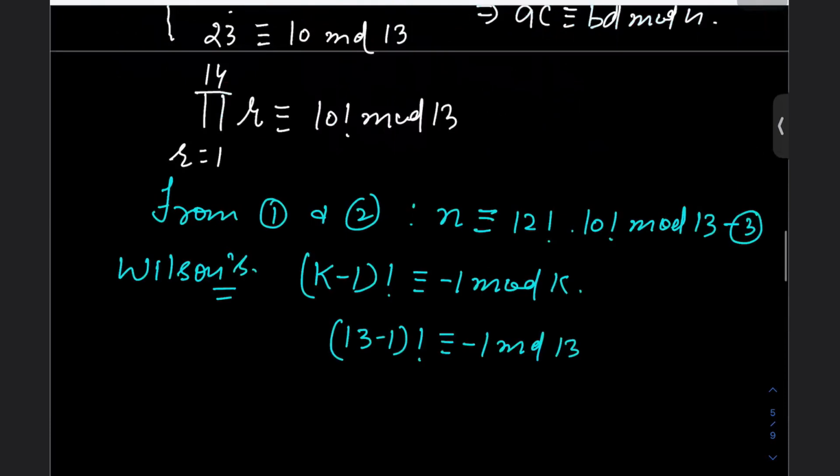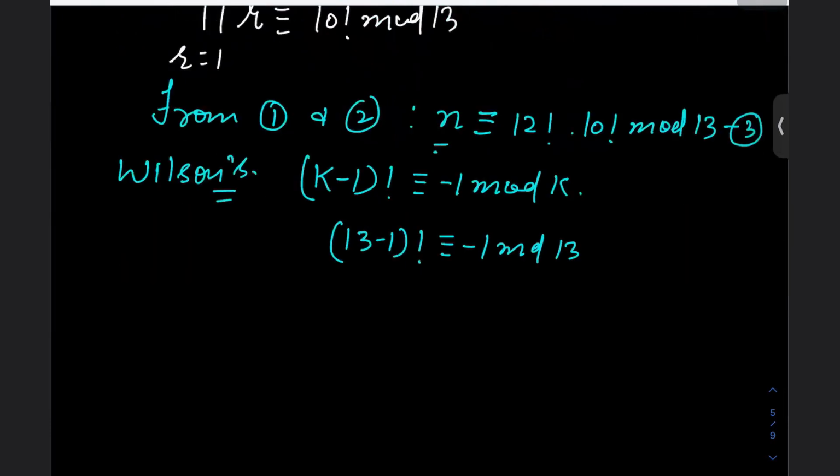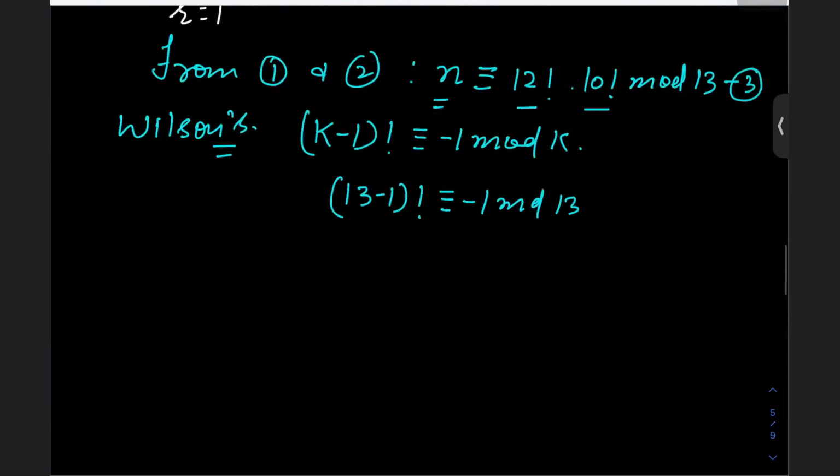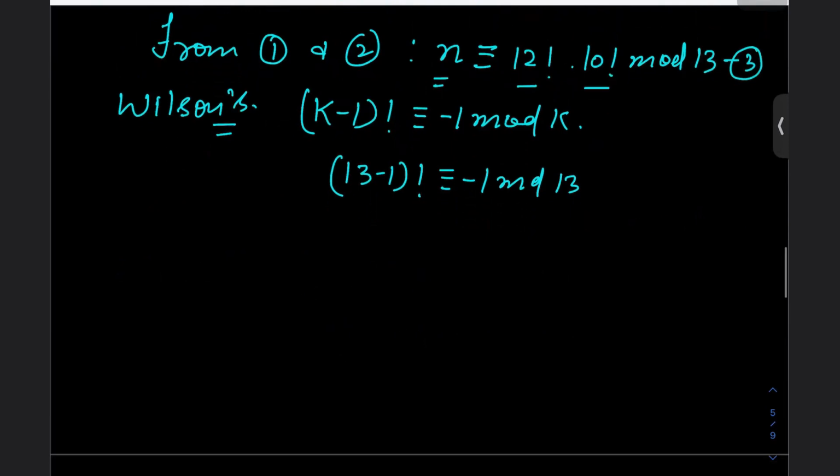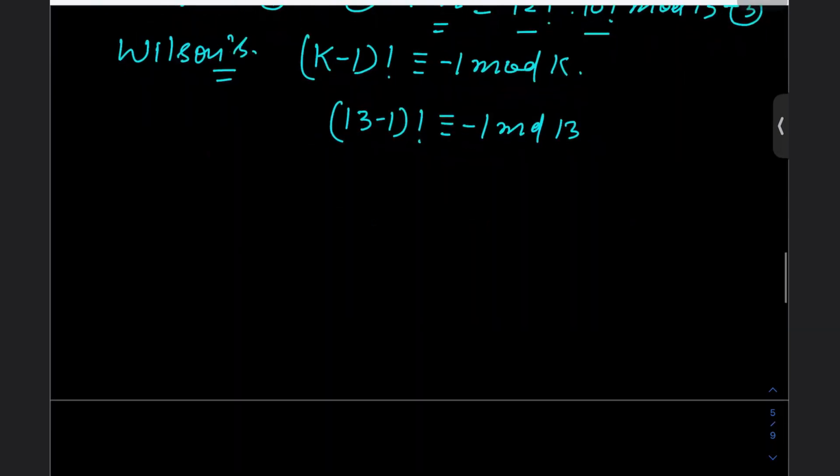But we have to find n, which is congruent to 12 factorial into 10 factorial. So we have to calculate 12 factorial into 10 factorial congruent to what modulo 13. Or we can say we have to calculate the remainder when 12 factorial into 10 factorial is divided by 13.